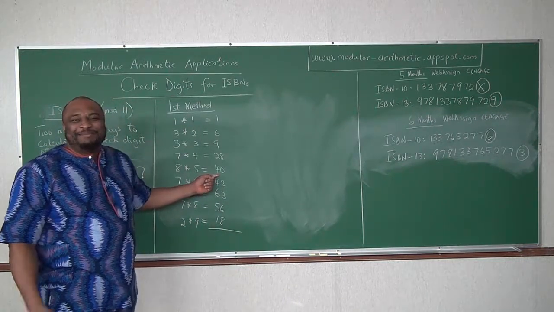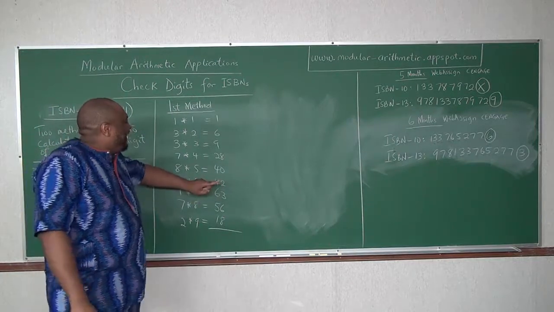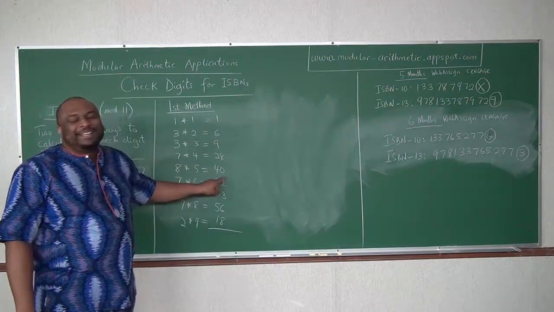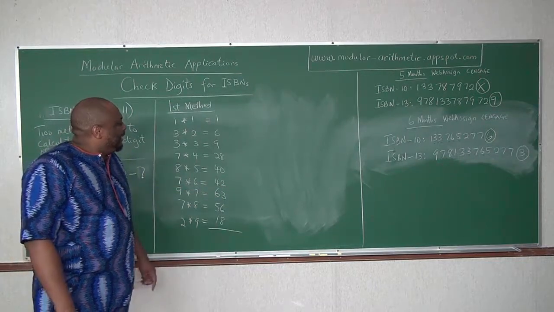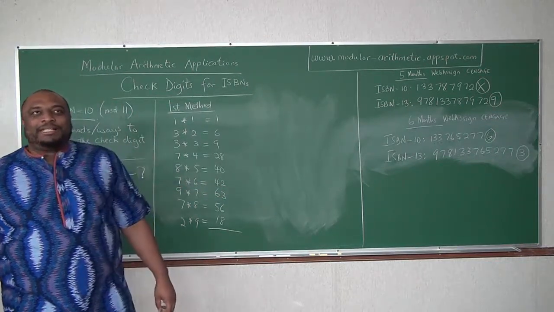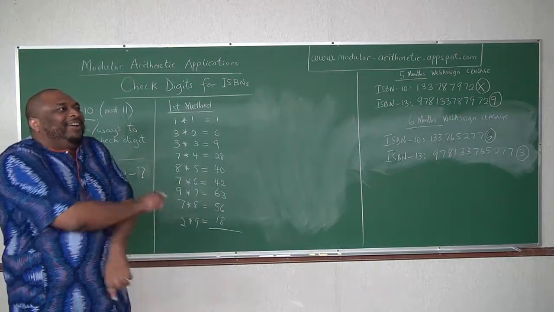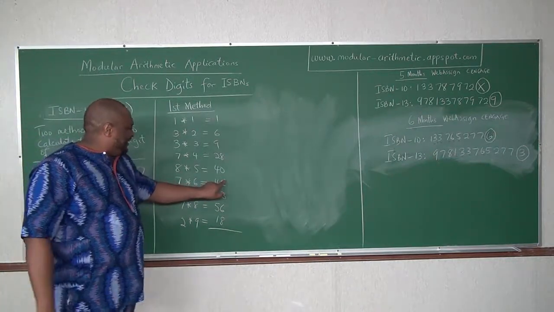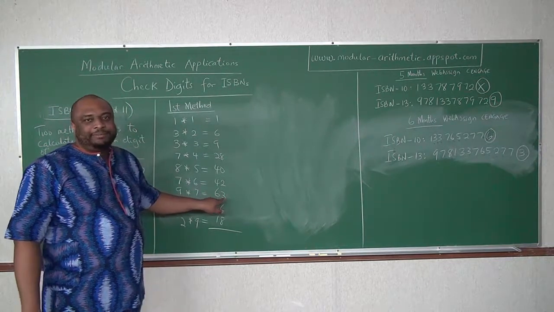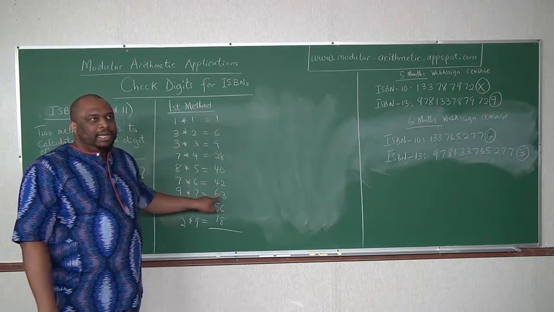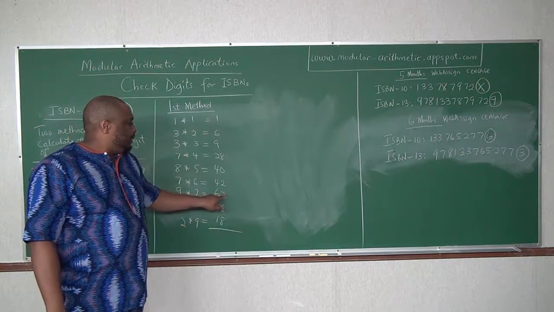My students will laugh at me if I make any mistake. Okay. 84 plus 42 is 126. Okay. 126 plus 63 is 139.